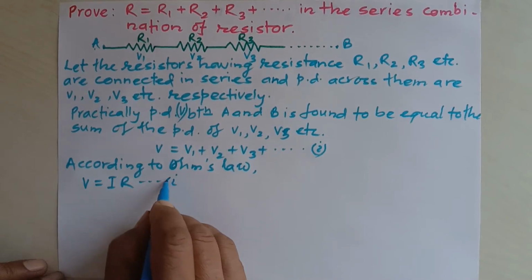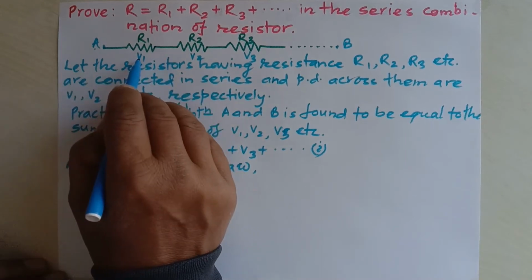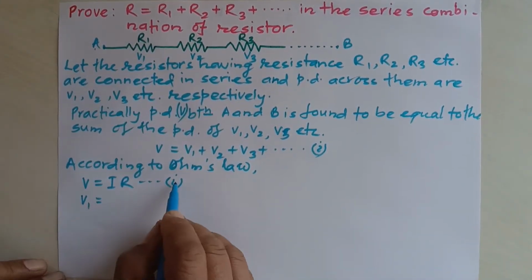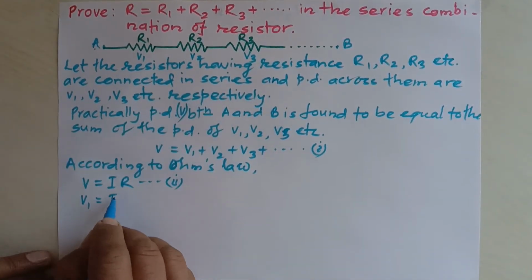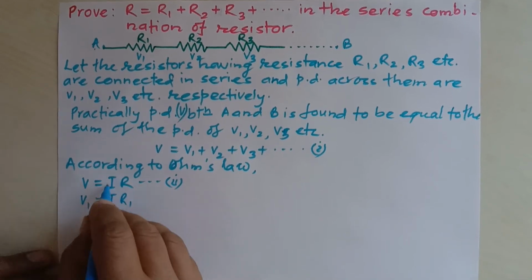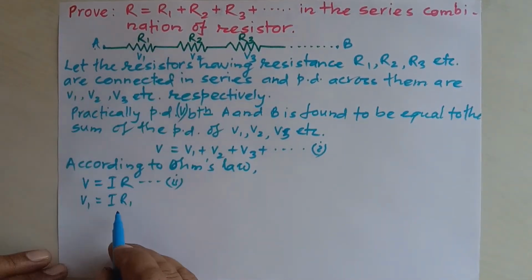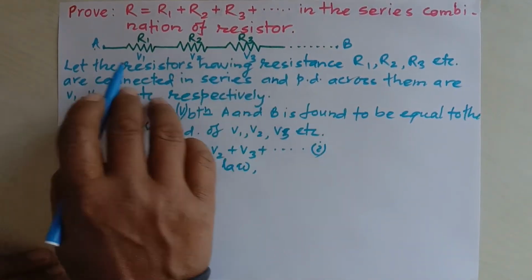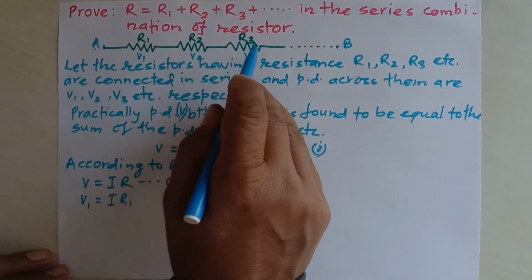In the same way, the potential difference across the first resistor, V1, is equal to I R1. Why am I taking just I, and why R1? Because the resistance of this resistor is R1, but the same current passes through each resistor. That's why the value of current is I for all, but the resistance of each of them is different.